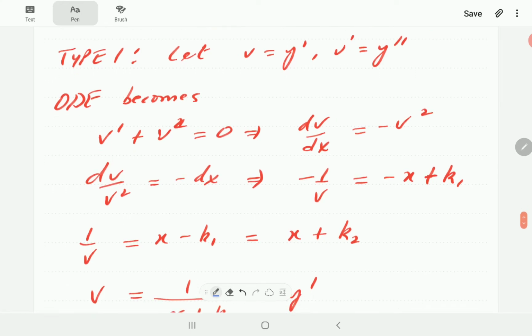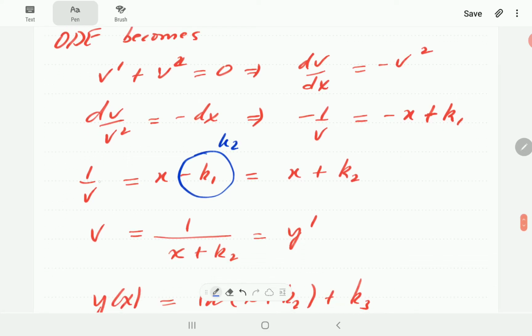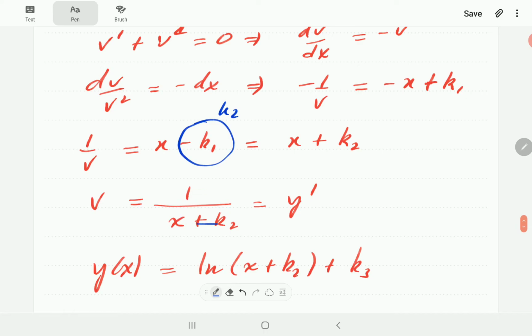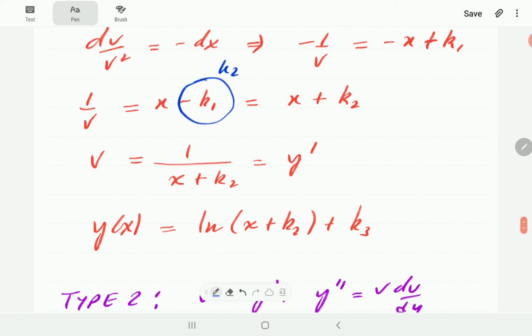Then multiply everything by -1. Then we're just going to make this into k2 because it's a constant in a way. So we're just going to write 1 over v is x plus k2, and so v is 1 over x plus k2, but v is y prime. So integrating this then gives us the general solution as ln x plus k2 plus k3.